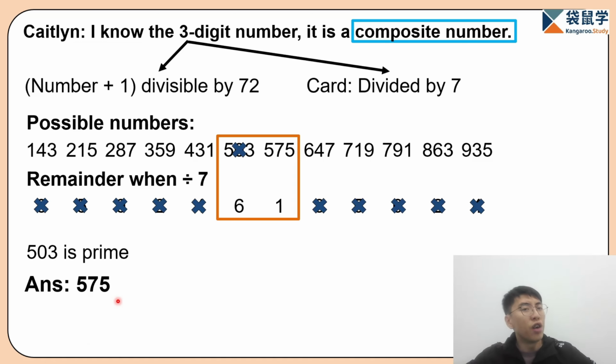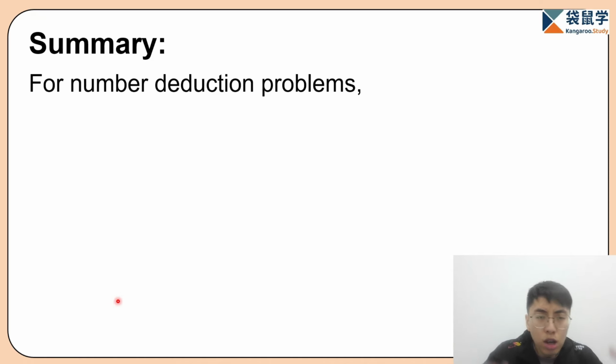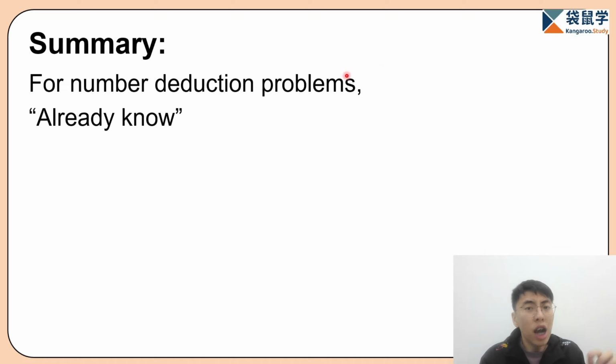Now, let's move on to the conclusion of what we have learned today. Summarizing this type of question, when we get a question that requires this type of logical deduction of numbers, the first thing, if they mention the term "already know", what does that mean?